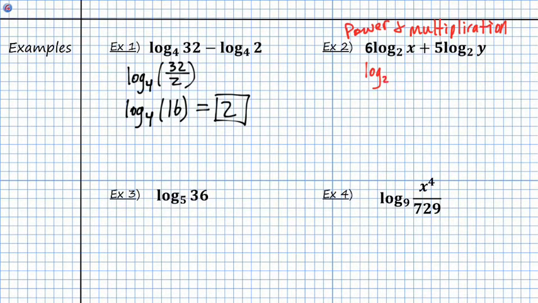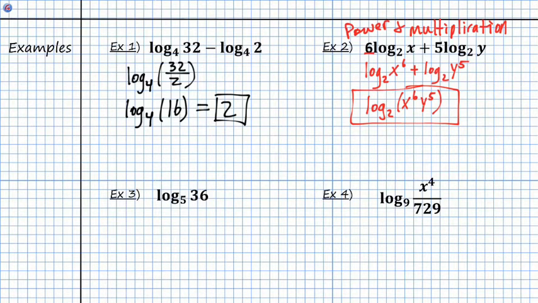So we have log base 2 of x to the 6th power plus log base 2 of y to the 5th power. And again, this is because of our power rule, right? So this multiplication out in front becomes the power of the number inside. And then we have log base 2 of x to the 6th times y to the 5th. And that'll be it, because we can't really evaluate that any further.